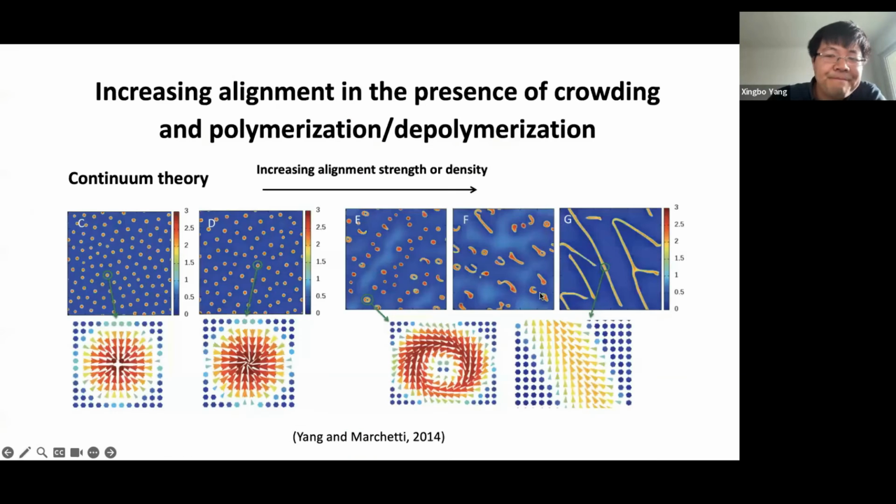All right, for that, remember we disregarded the polarity field. Let's just add that back, under the argument that the alignment strength is probably pretty strong. So this polarity field would not decay that fast. It becomes also a slow variable, comparable to the density fields. If you do that, you just add alignment into the picture.